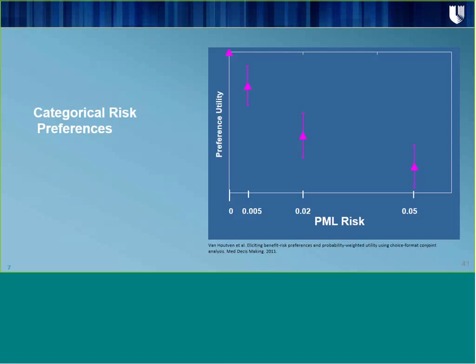We estimated a model, that Juan Marcos will talk a little later about how you do that, but the results were for a categorical model where we impose no assumptions on the functional form. We just estimate a parameter for each of these three levels: 0.005, I think this is for a 10-year risk, 0.02, 2% risk or 5% risk.